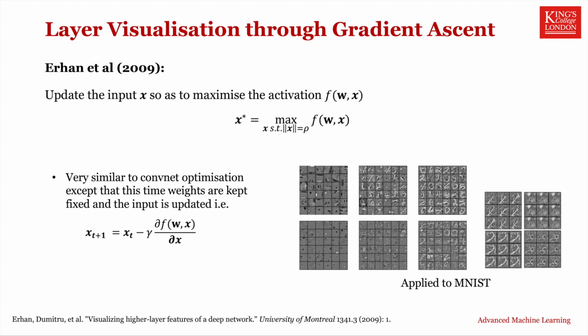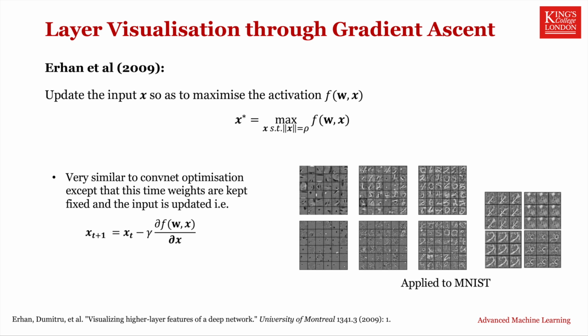Moving on to specific examples of feature visualization, the first technique I'd like to talk about is layer visualization through gradient ascent, proposed by Erhan et al. in 2009. So the idea here is that one updates the input iteratively so as to maximally activate a specific layer of the network by maximizing the amplitude of the activation maps which are generated.